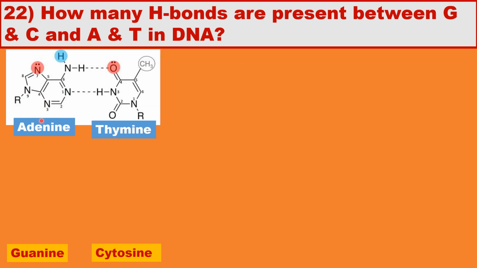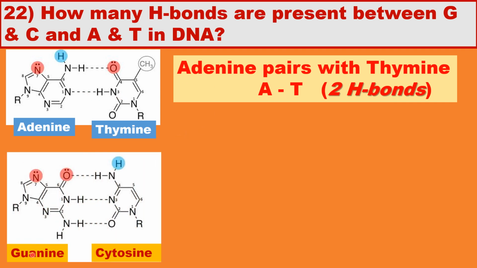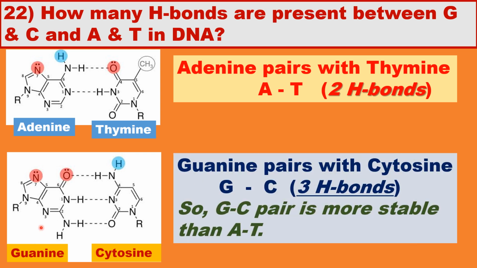As you see, adenine pairs with thymine. Adenine is complementary to thymine, so it forms two hydrogen bonds with the thymine, whereas guanine is complementary to cytosine in its structure.